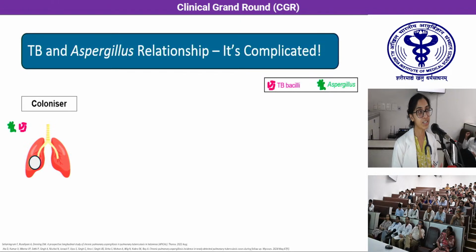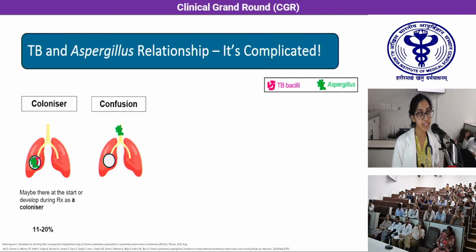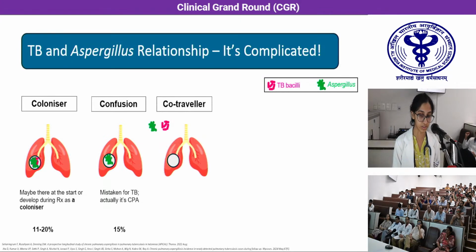So how are TB and aspergillus actually related? The short answer is that the relationship is manifold. It can start with aspergillus colonizing a patient who already has TB disease in around 11 to 20% of patients. Then there can be confusion between CPA and TB, especially in patients who have sputum-negative TB, who can be actually misdiagnosed, and they are actually chronic pulmonary aspergillosis.